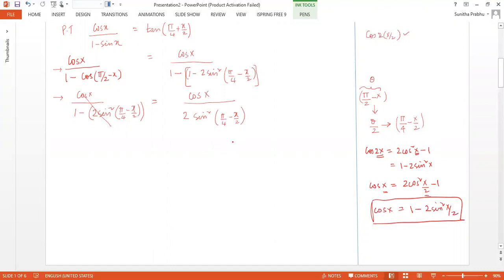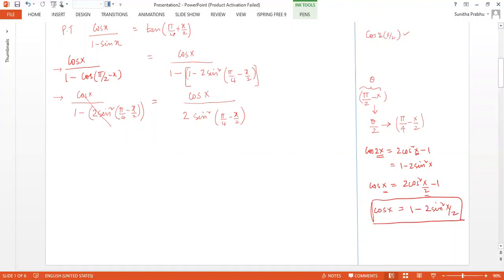What to do? So maybe we can change the cos x to pi by 4 plus x by 2. I can change the cos x to? So we can change the cos x to the cos formula, the 2 cos square x minus 1, or cos square x by 2.